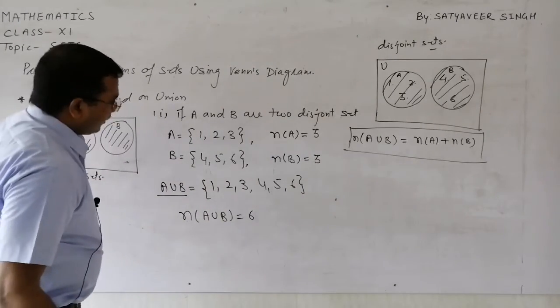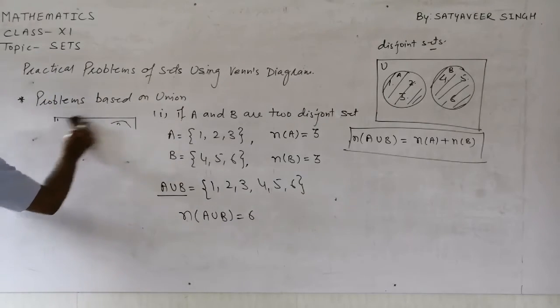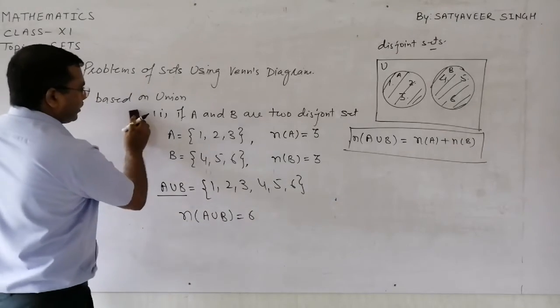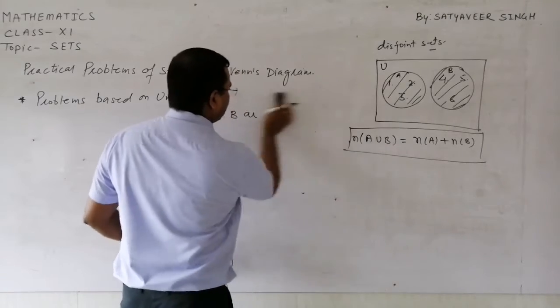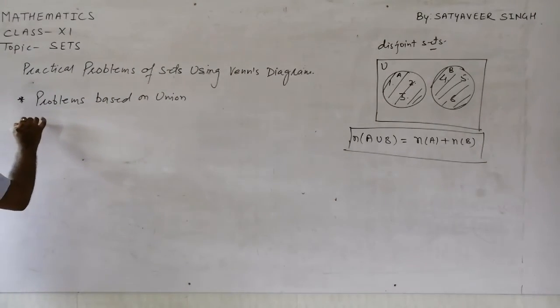Another example I am taking. Now I am taking two sets A and B which are not disjoint. This is the second case, we can say.